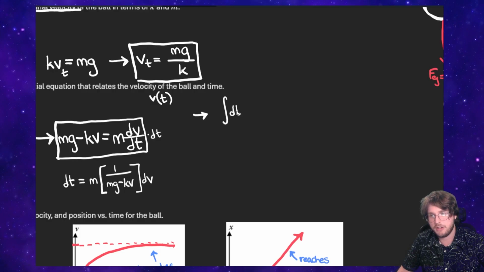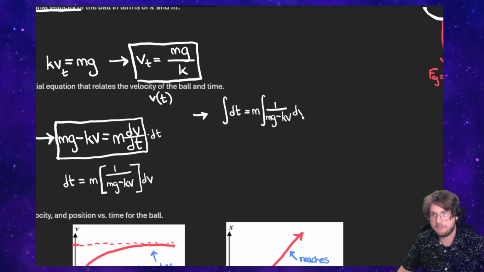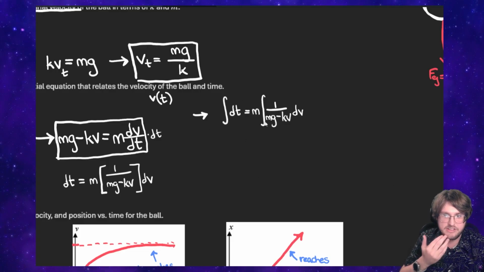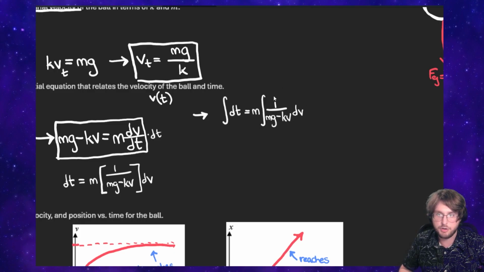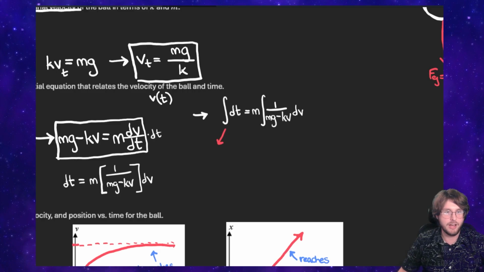We'll have the integral of dt equaling m, which I'm pulling out of the integral because it's not important, 1 over mg minus kv all times dv. So on the left side over here is the integral of nothing with respect to dt, and over here on the right is the integral of this big ugly mess with respect to dv. Now, when we integrate both sides, we're going to find that one side is significantly easier than the other.